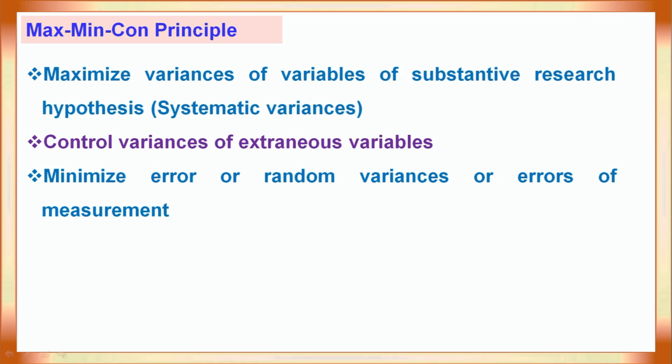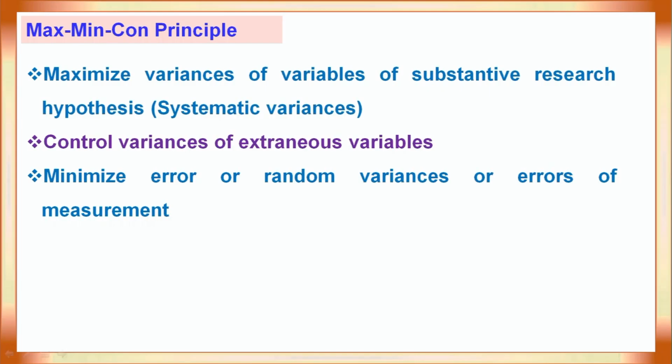Systematic variance is also known as experimental variance. Experimental variance is the variance originating from the manipulation of the independent variable. Maybe you are trying to find out the effect of different teaching methods on the divergent problem solving skill of students. There may be two types of teaching method, one the opportunistic method, another the systematic method.